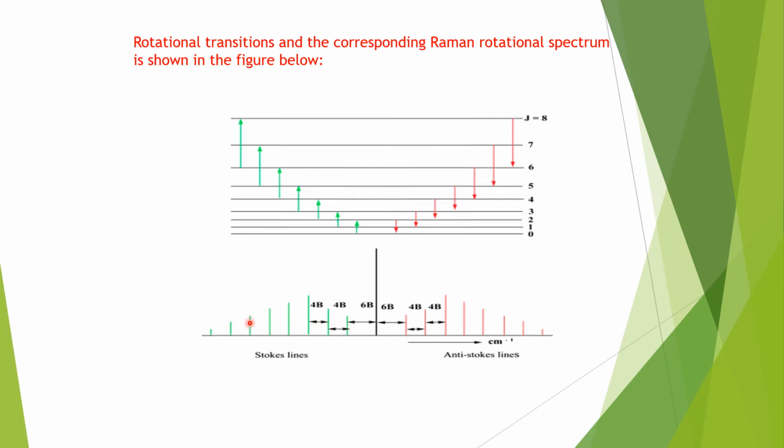That means the first Stokes line as well as the first anti-Stokes line are separated from Rayleigh line by 6B centimeter inverse, whereas the subsequent lines are separated by 4B centimeter inverse. In this you can see the rotational energy levels, beginning from 0, 1, 2, 3, 4 up to 8. So this figure shows the rotational transitions and the corresponding Raman rotational spectrum.